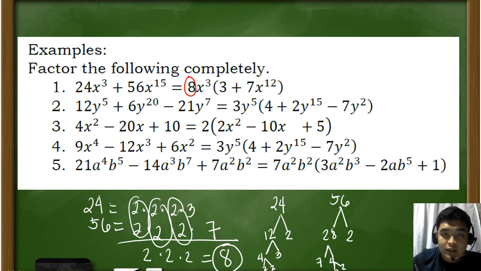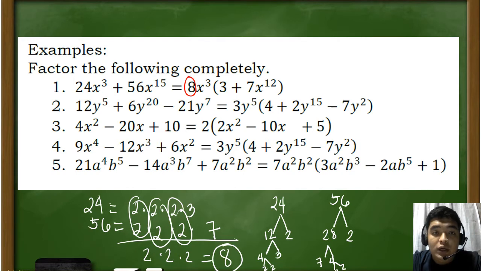Now, we have 8 here. Then for the variables, that is x cubed. To make it simpler, the GCF of your polynomial for the variable is just the smallest exponent.